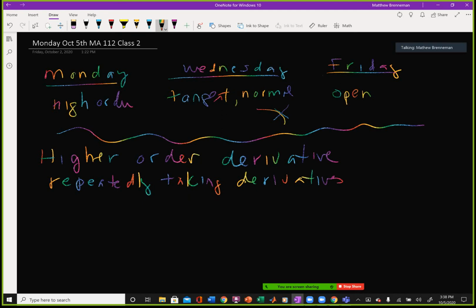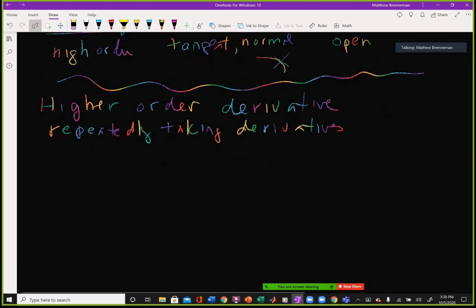And so if you're looking at, for example, what we normally call the derivative, we could make here a little table: the order of the derivative, the notation that we use to represent it, and where we might see this in applications.